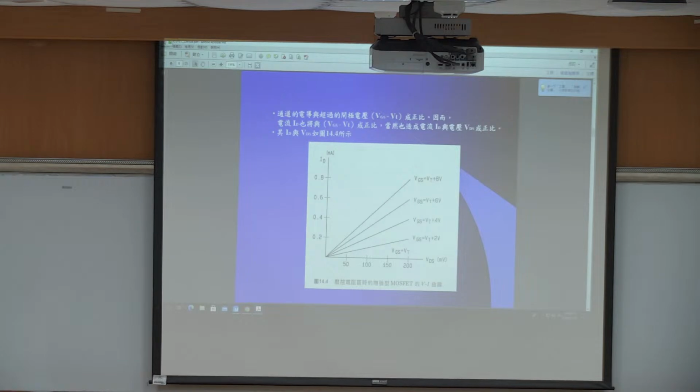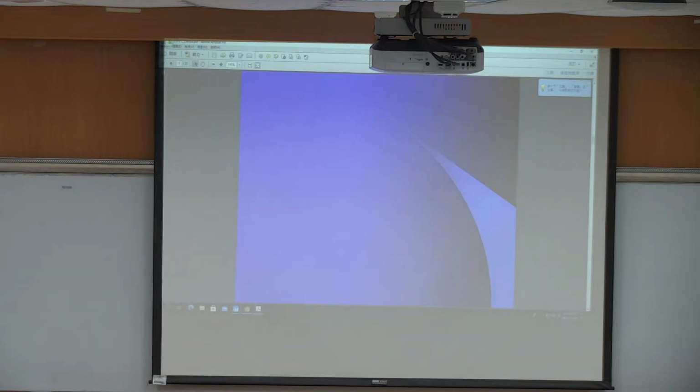So here are the current curves. As we can see, for ID versus VDS, the larger the VDS we add, the larger the ID we get. We can see these four different lines as we measured with different VGS added to the device.